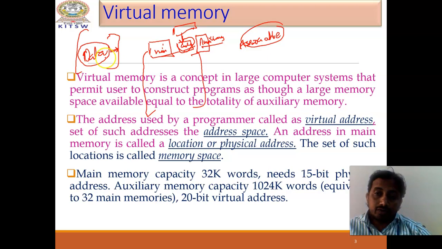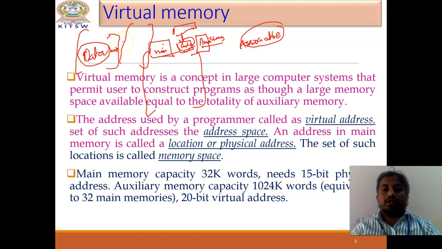So that is the actual address, but here we create a virtual environment where you have a plenty of large set of data. Assume something. That is nothing but the virtual memory. So the address used by the programmer is called a virtual address, and the set of such addresses is called the address space.